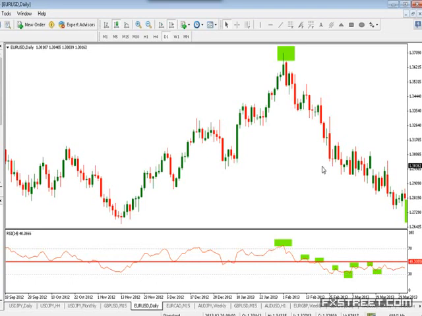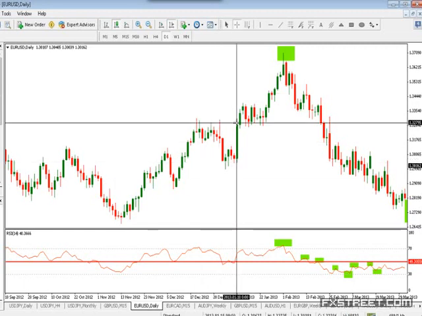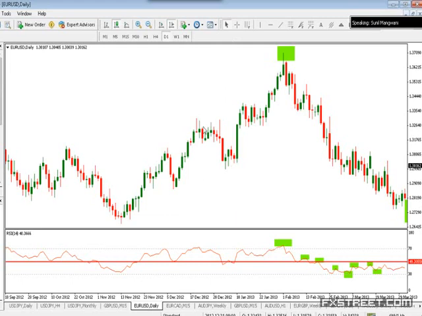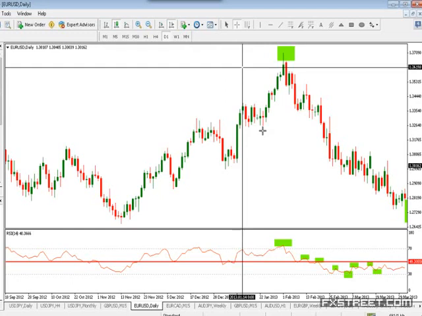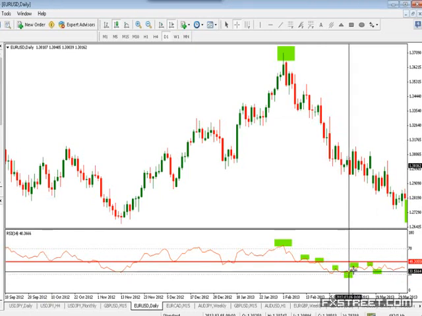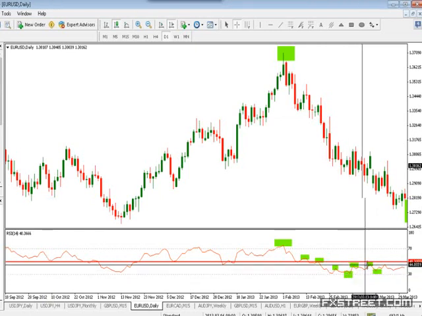What, folks, is the definition of an uptrend in price? In an uptrend in price, your highs go higher, your lows go lower. Sorry, your lows go higher, my mistake, sorry. So what's happening over here? You have your lows going higher, you have your highs going higher. So you have a possibility of an uptrend. Your RSI can give you advanced warning of a possible shift of momentum, but it's never a confirmation.